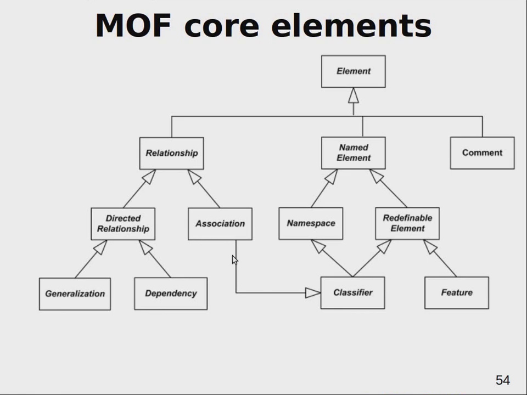And named elements are either namespaces or redefinable elements. A namespace may be like a package, and namespace in general means how you uniquely name elements inside elements inside elements. And a class is actually just a classifier, but a more specific one, or a feature.